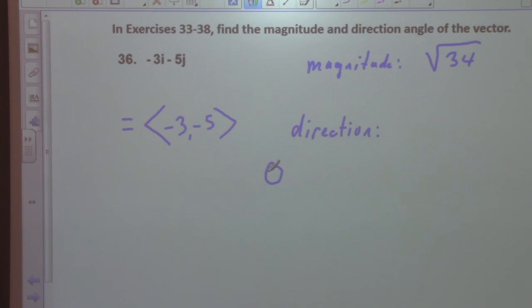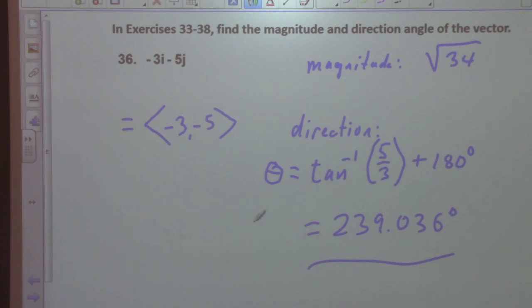Theta is equal to what? Inverse tangent of 5/3, okay. And what else? Plus 180. Oh, right. So what is that going to be? 239.036? Yes. Okay, so that is our direction.